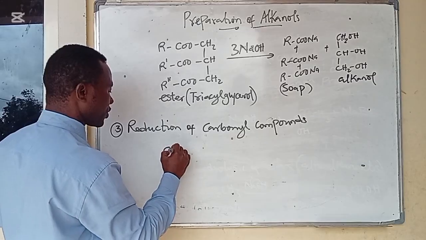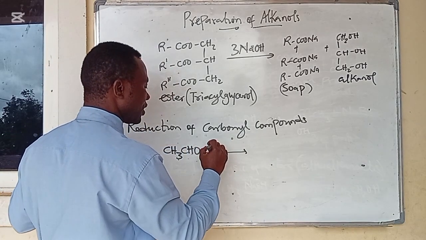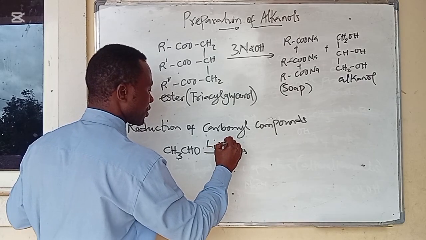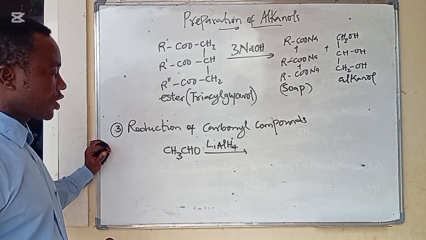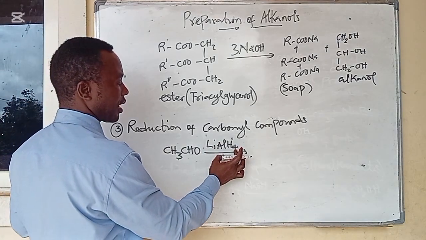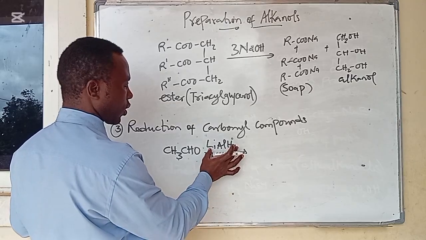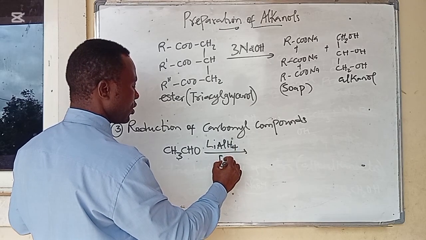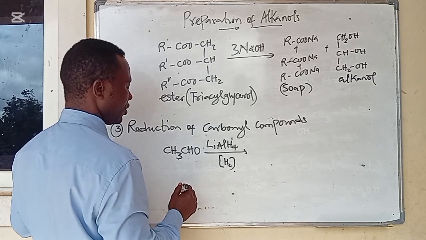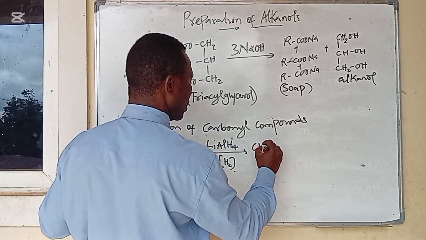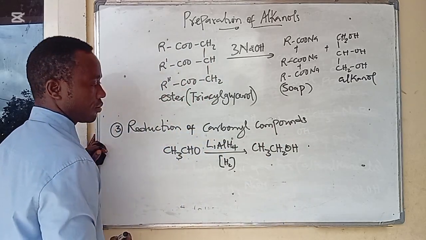Now, let's say we have CH3CHO and we want to reduce it using a powerful reducing agent such as lithium tetrahydroaluminate. When you reduce, this compound will be donating hydrogen, so that what we have is CH3 CH2 OH.